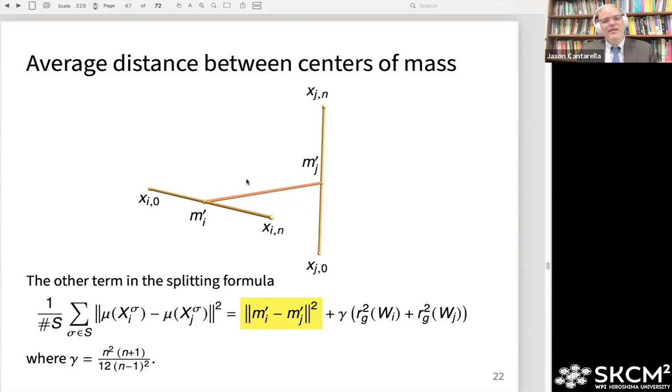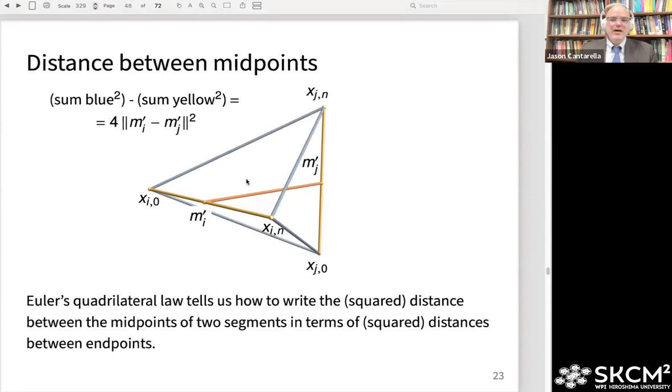Okay, so how am I supposed to measure these midpoint distances? Well, there's a beautiful theorem that says whenever I have a tetrahedron in any dimensional space, I can measure the distance between the midpoints of two opposite edges in terms of the lengths of the two edges. Those are these yellow lengths here, and the squared distances between the endpoints of the edges.